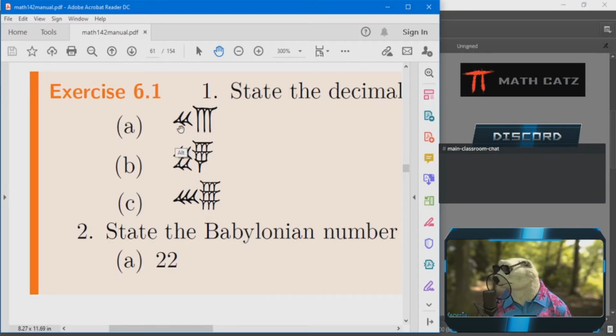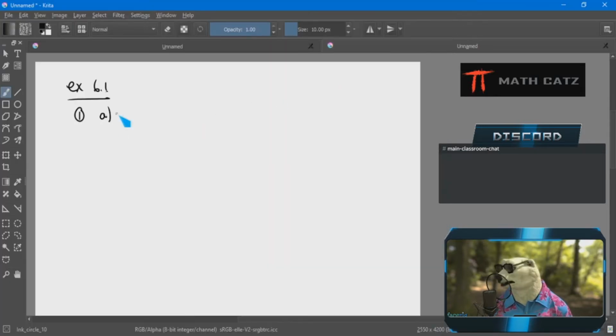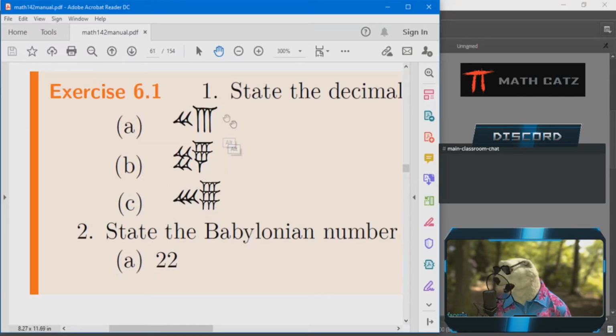That is 2 10s, so 23. 23. Nothing more to do. You just have to understand how the system works. And in the first step towards understanding, it's as simple as just adding up all these pieces. They're just repeated to form the quantity.